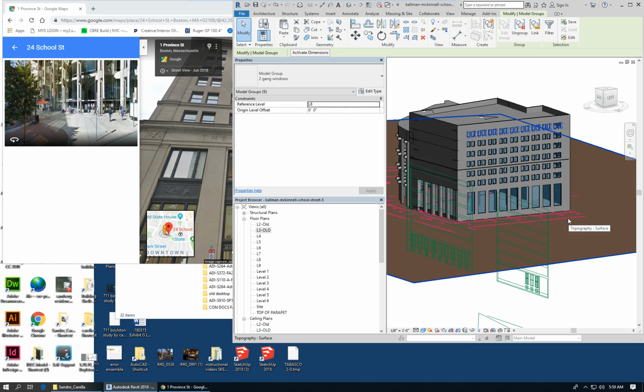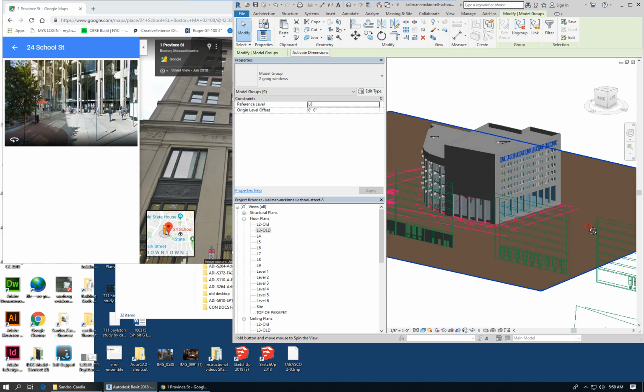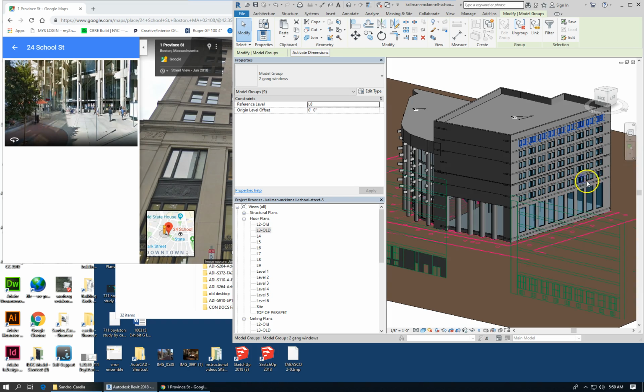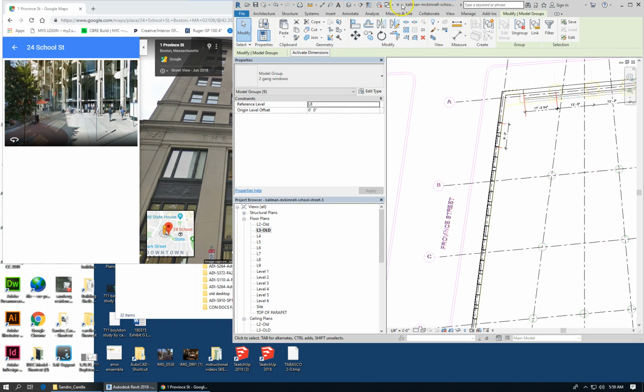So with a little bit of planning, you can get a lot of that done. Now we need to just establish the same interval rhythm along School Street. So let's go back to L3.